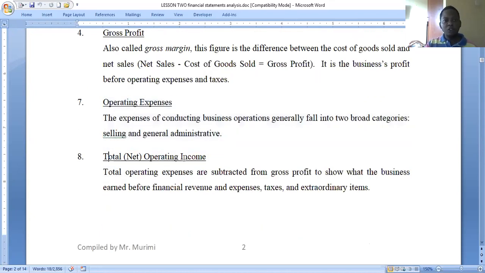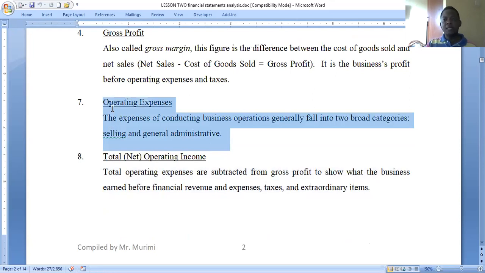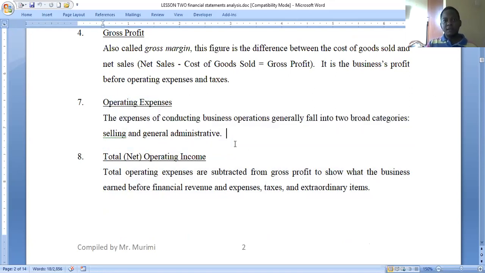And then you have total net operating income. The net operating income is usually equal to the gross profit minus operating expenses. But if there were operating incomes other than sales, they can also be included to determine the net operating income.